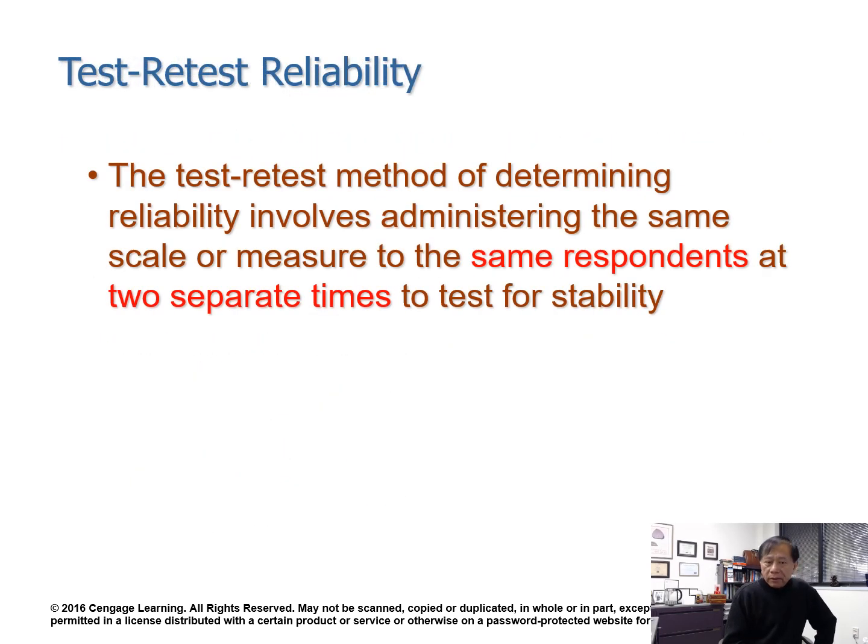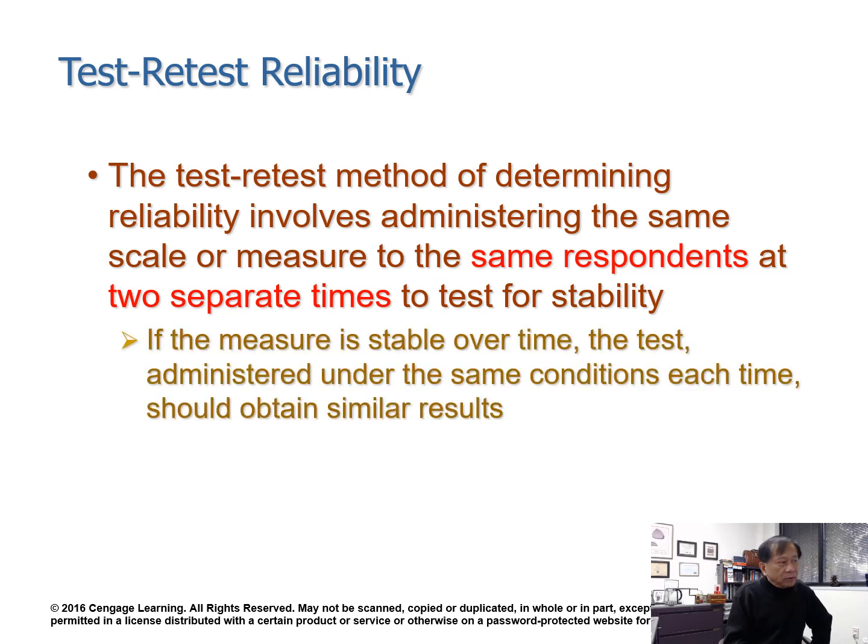Test-retest reliability. The test-retest method of determining reliability involves administering the same scale or measure to the same respondents at two separate times to test for stability.